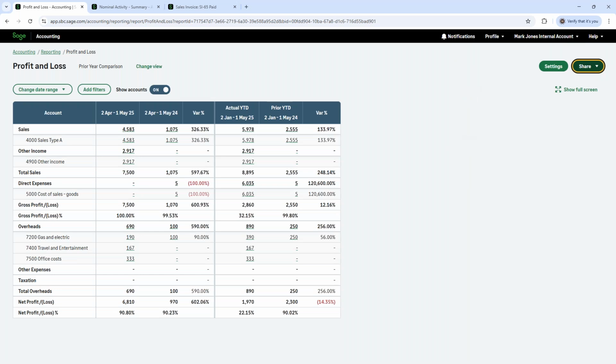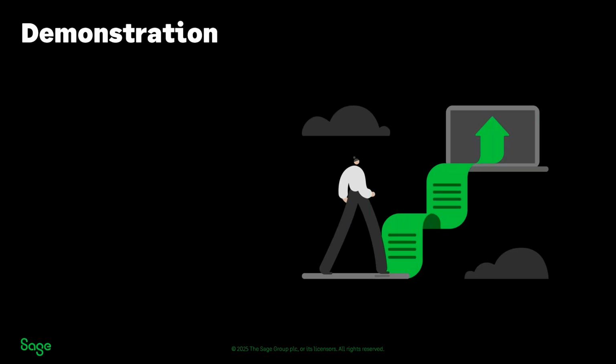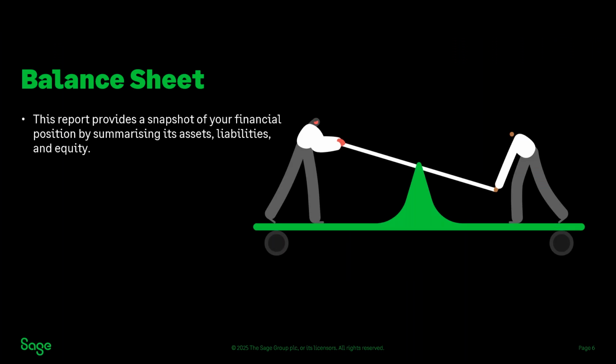Great, so I'm going to go back into my slides and let's cover off balance sheet. In summary, this report provides a snapshot of your financial position by summarizing its assets, liabilities, and equity. The balance sheet is also known as the statement of financial position, and it provides a snapshot of your business's financial health by showing your assets, liabilities, and equity, which is the remaining value for shareholders.